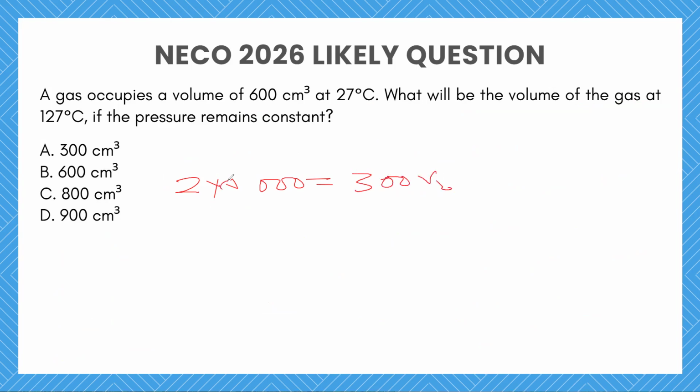So we divide both sides by the coefficient of V2, which is what we're looking for. So this becomes over 300, and then this is over 300 as well. This cancels this, so V2 becomes 240,000 divided by 300. That gives us 800 cm cube.